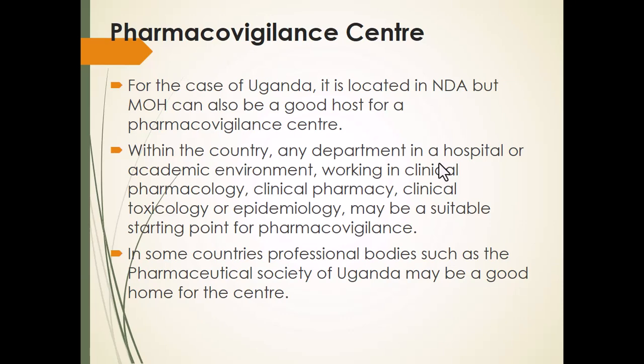So what's the Pharmacovigilance Center? For the case of Uganda, it is located in the National Drug Authority, but the Ministry of Health can also be a good host for a Pharmacovigilance Center. Within the country, any department in a hospital or academic environment working in clinical pharmacology, clinical pharmacy, clinical toxicology, or epidemiology may be a suitable starting point for pharmacovigilance.